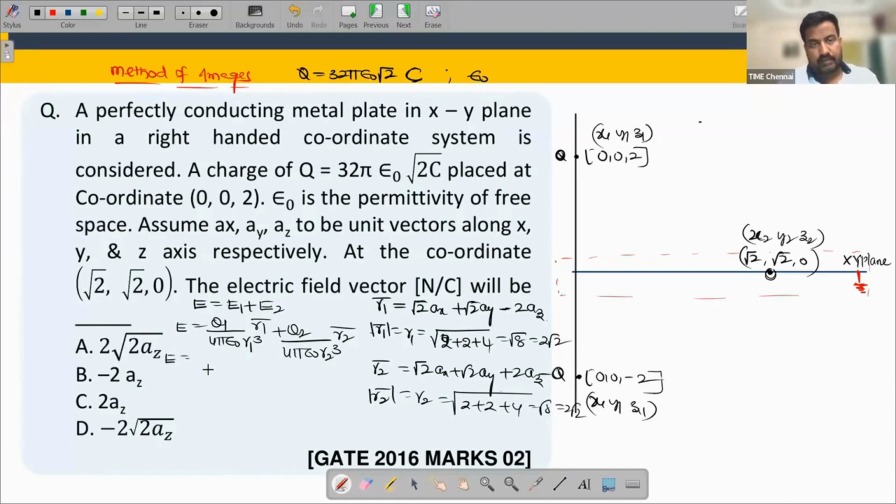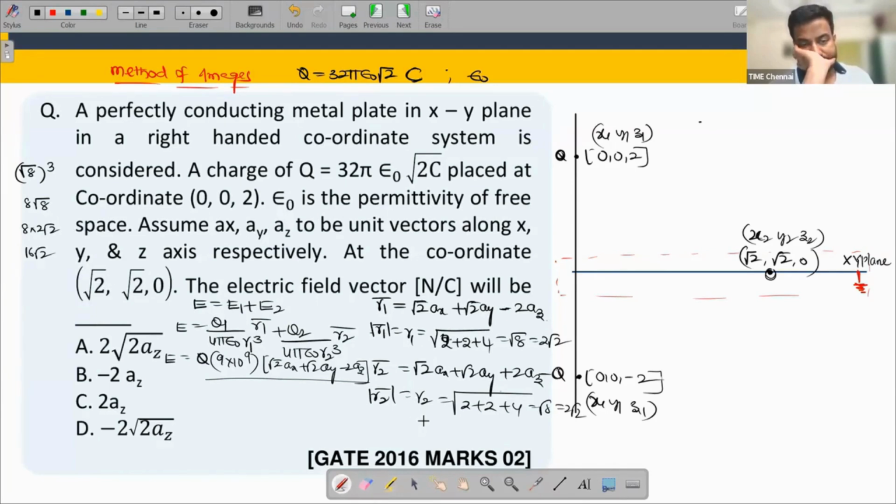Substituting, charge is Q here. So let it be Q. 9 into 10 power 9, R1, root 2 ax plus root 2 ay minus 2 az, by R1 cube, that is root 8 whole cube, that's 8 root 8, 8 into 2 root 2, which is 16 root 2.